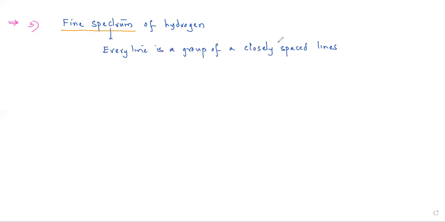Every line is having a bunch of closely spaced lines. And you know, these closely spaced lines are called fine lines, and such a spectrum is called fine spectrum of hydrogen. Bohr failed to explain this. I mean, failed to explain reasons for fine spectrum.